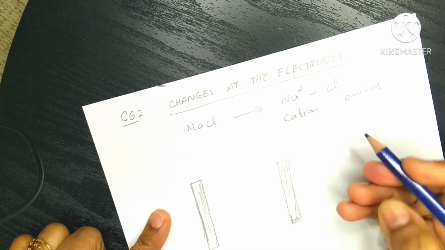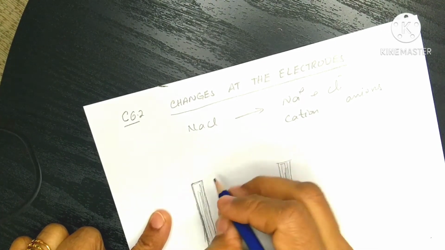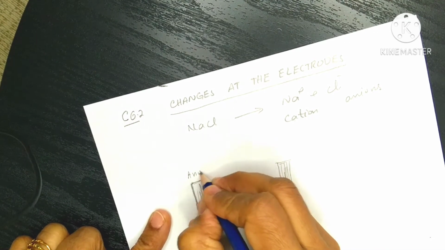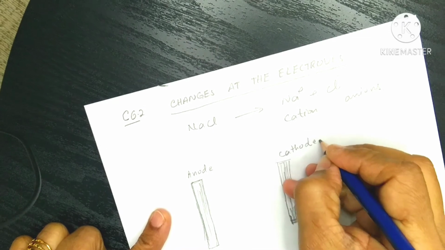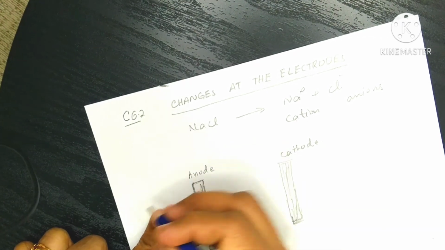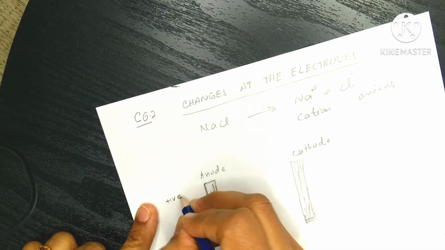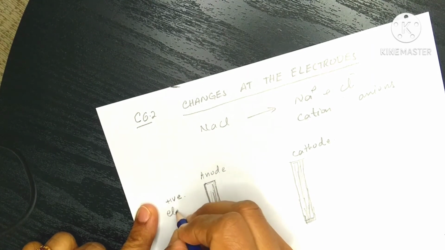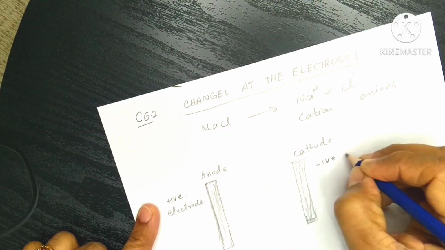To explain the changes at the electrodes, I have two electrodes here. One is called the anode and the other is the cathode. The anode is called the positive electrode, and the cathode is the negative electrode.